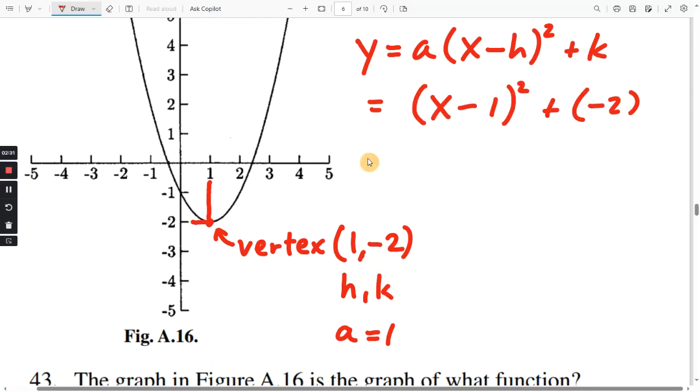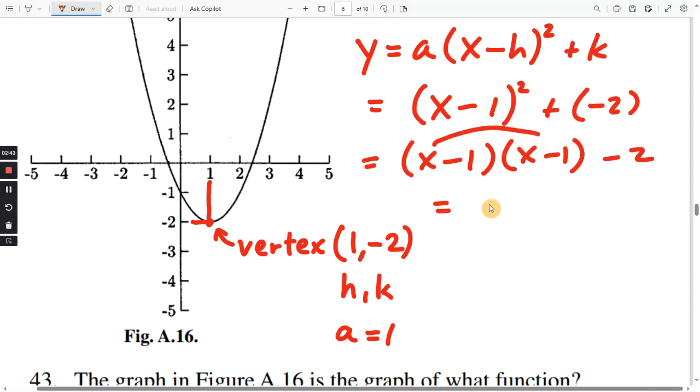All right, let's unpack this. X minus 1 times x minus 1, and we still have a -2 on the end. Distributing, x times x is x squared, x times -1 is -x, -1 times x is -x, -1 times -1 is +1, we still have a -2.